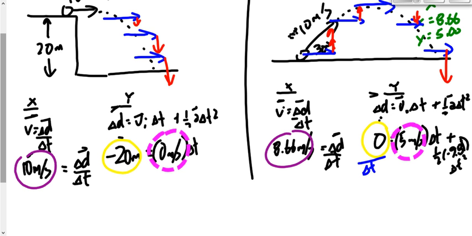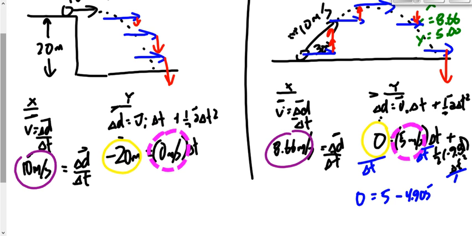What's 0 divided by t? What's 0 divided by anything? 0. What's 5t divided by t? 5. T divided by t is 1, right? So 5t divided by t is 5. Half times negative 9.81 is negative 4.905.